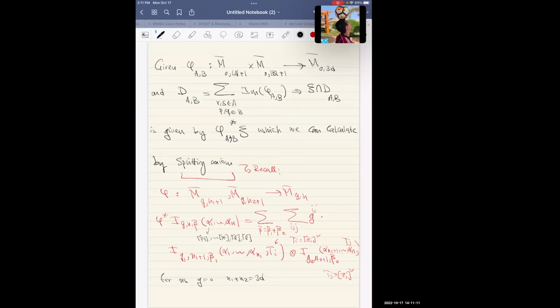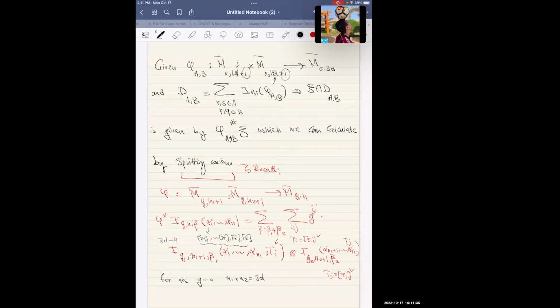But then remember, we are adding this additional point. So we have now taken 3D minus 3D of these things. We are taking 4 of them out, and then for those two, we are having something in here and something in here. This additional point can lie anywhere it wants.